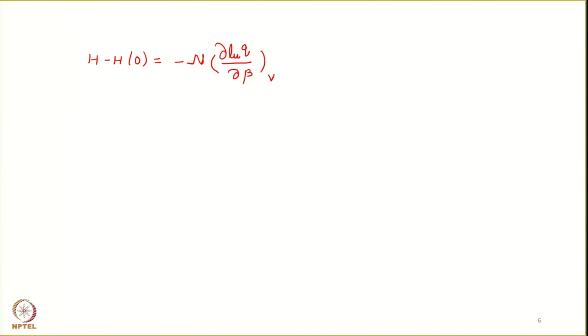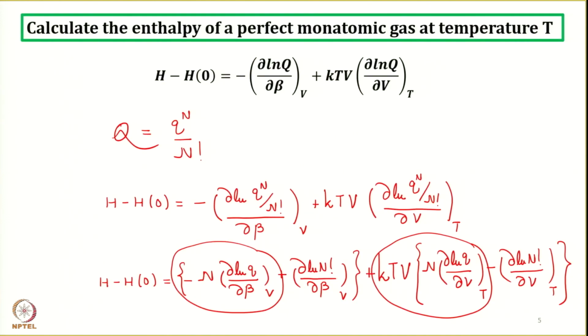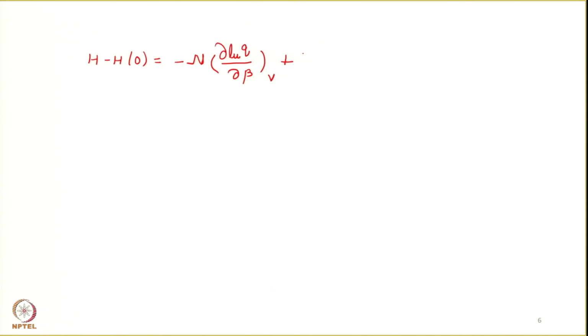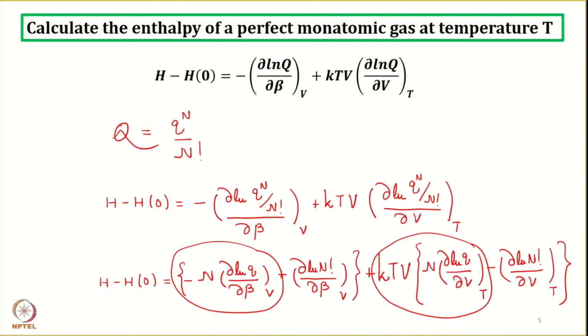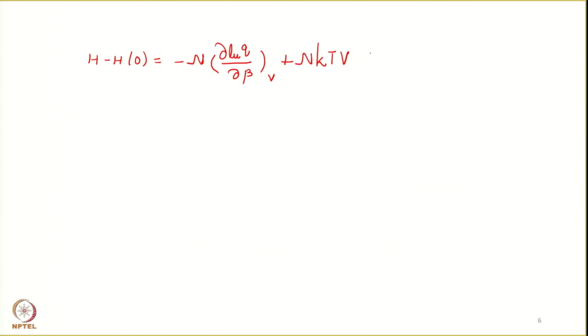This is 1, and the second one was plus nkTV plus nkTV, and we have derivative of log q with respect to volume at constant temperature.